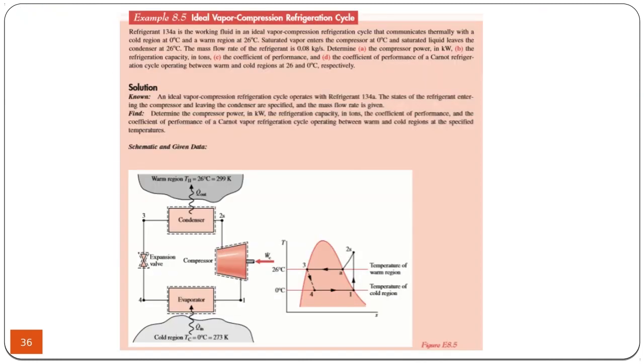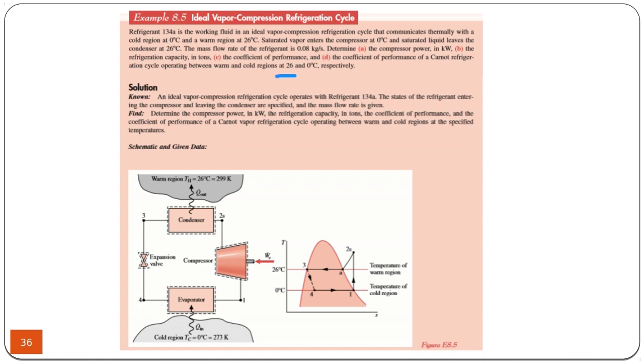Now we will work on a numerical example. According to this numerical example, a refrigerant 134A, this is an HFC. I will mention the types of the refrigerants. A refrigerant 134A is used in a vapor compression refrigeration system, and the cold region is held at 0 Celsius, which is the temperature of the evaporator.